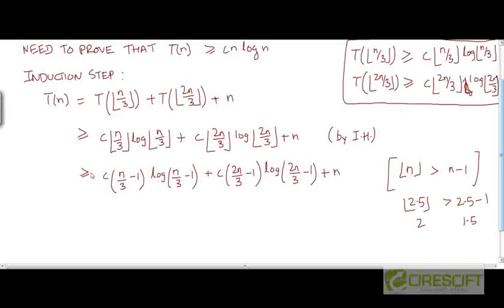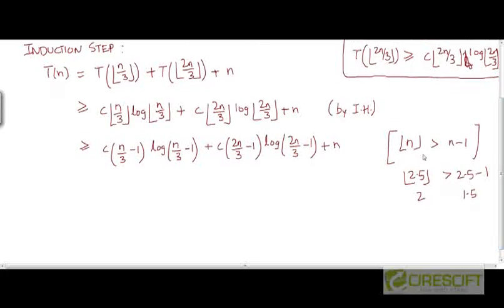So we can say that this expression will be greater than or equal to c times (n by 3 minus 1) times log of (n by 3 minus 1) plus c times (2n by 3 minus 1) times log of (2n by 3 minus 1) plus n. So we have uniformly replaced the floor of n by n minus 1 everywhere.